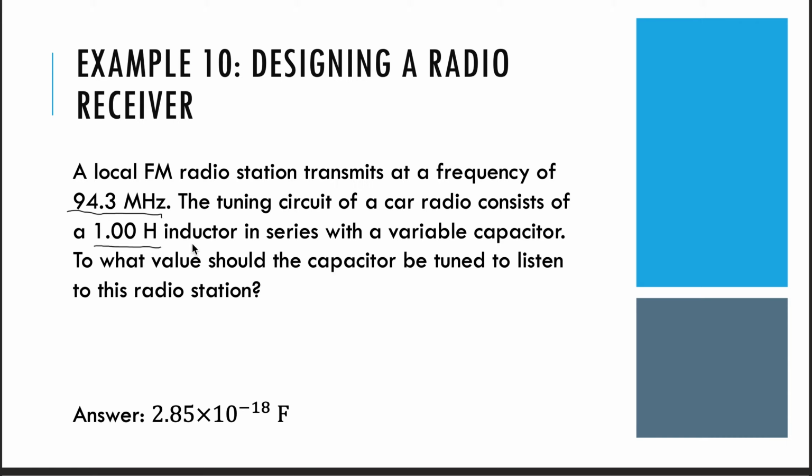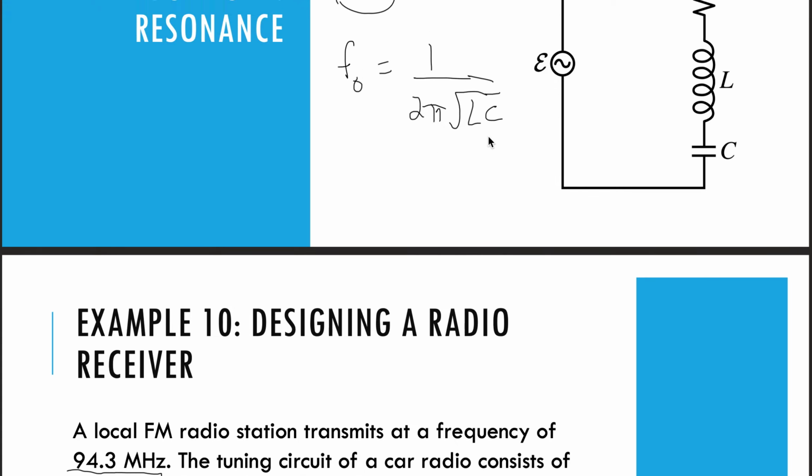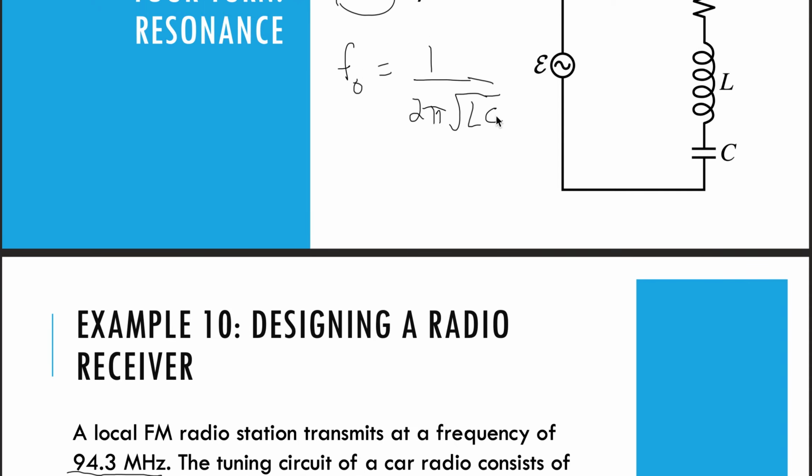The inductance is fixed, but by turning the knob, you're changing the capacitance, which is changing the resonant frequency of the circuit. And it allows that particular frequency to be transmitted, to be broadcasted, if you tune it to that frequency. So you have to adjust it to the right capacitance to get the right frequency.